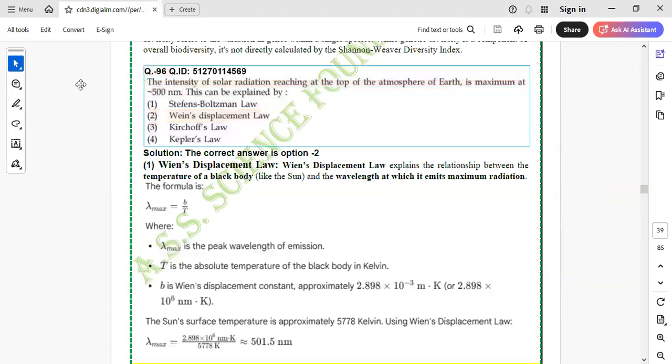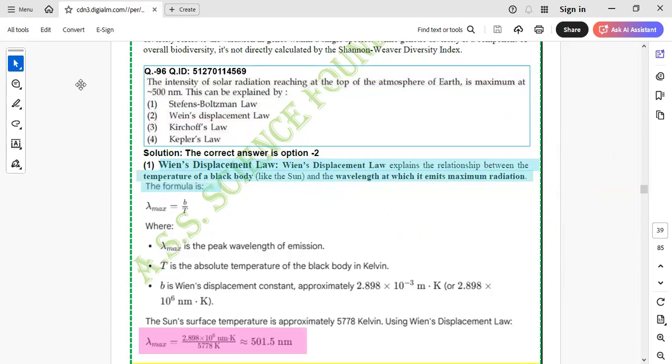We could have a look, because once again the questions can come like Wien's displacement law explains the relationship between temperature of the black body like sun and the wavelength at which it is emitted. Formula is in front of you, right? So they have shown the cross calculation also, how it came out to be 500 nanometer, taking the temperature of sun to be 5778 Kelvin, right?